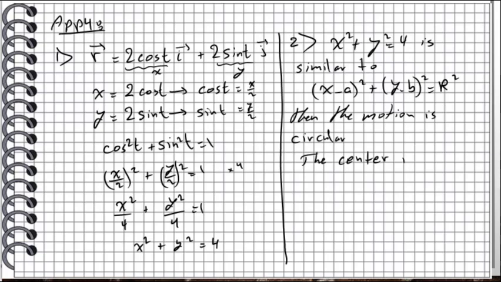The center is the origin O (0, 0), and r square equal to 4, so the radius is r equal to 2 meter.